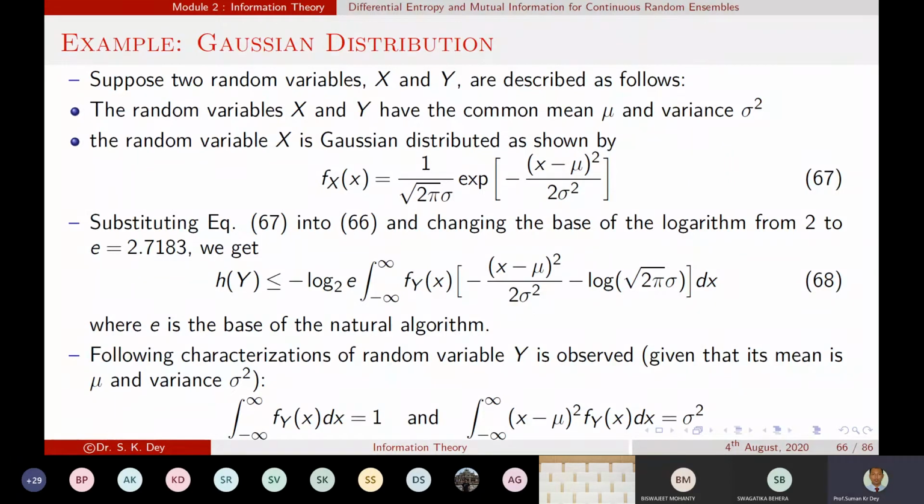So just see. Equal to minus log base 2. Are you getting this expression?